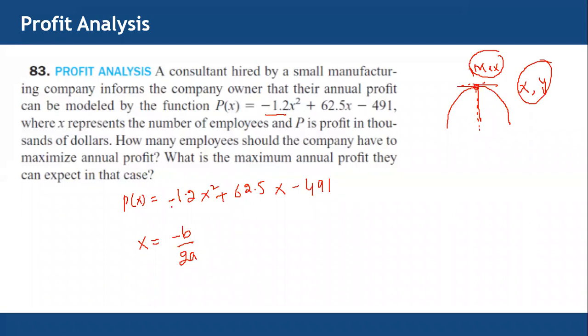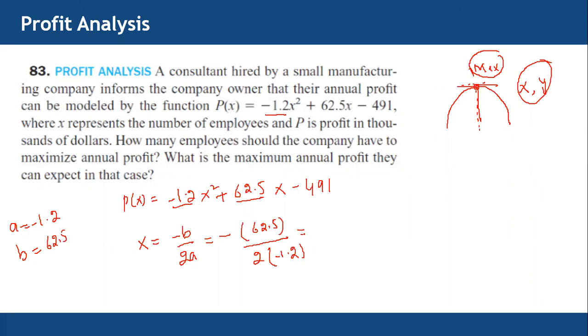A is the coefficient of x squared, so a equals minus 1.2. B is the coefficient of x, 62.5. So minus b over 2a is minus 62.5 divided by 2 multiplied by minus 1.2. First multiply 2 with 1.2 and then you can find the x value.